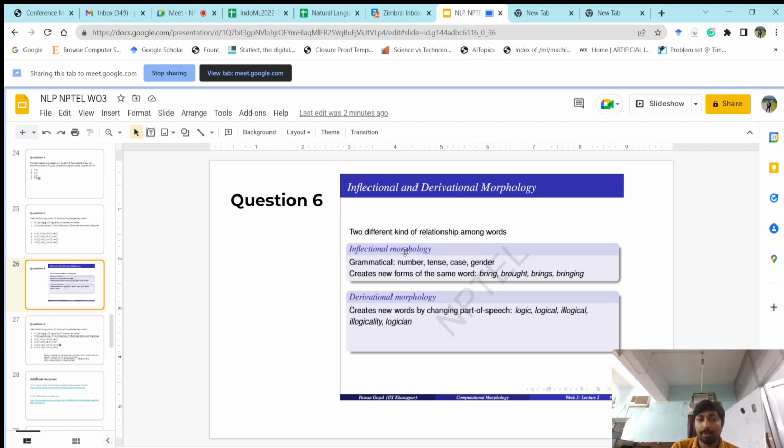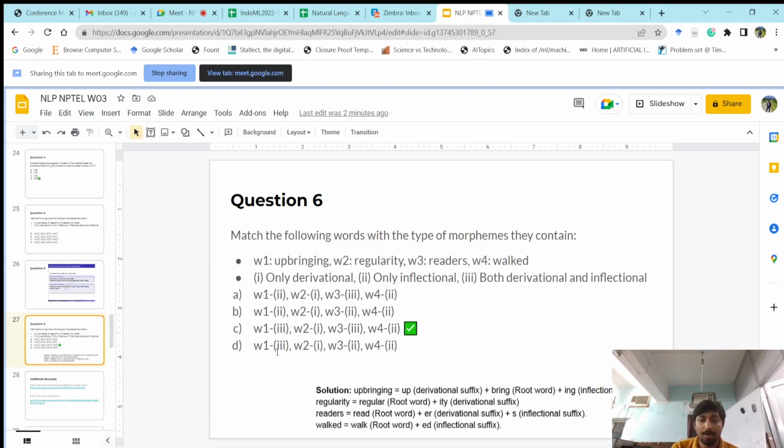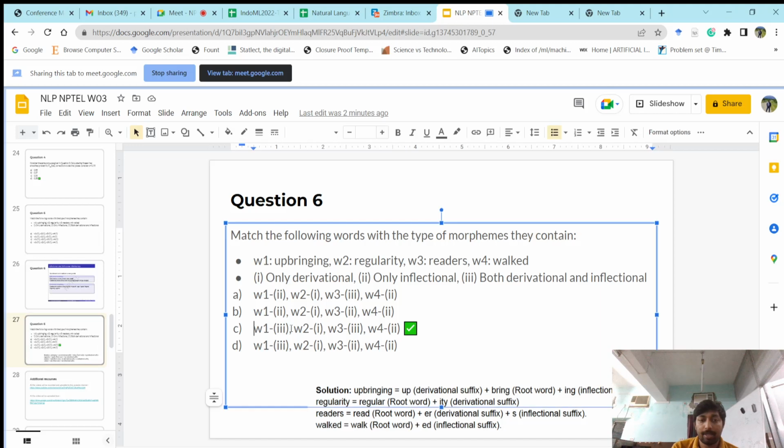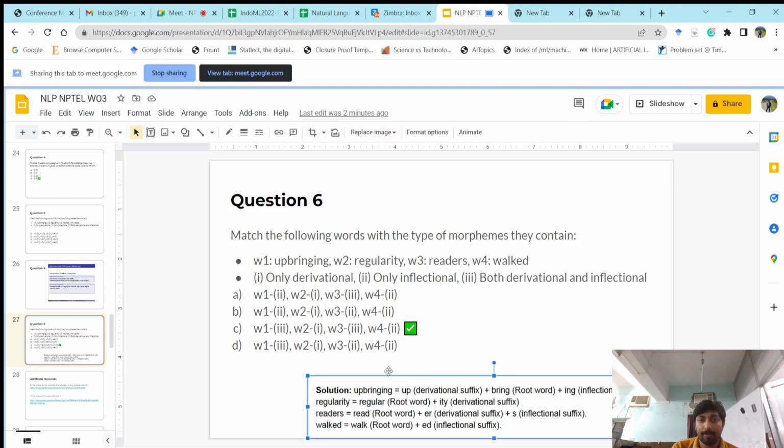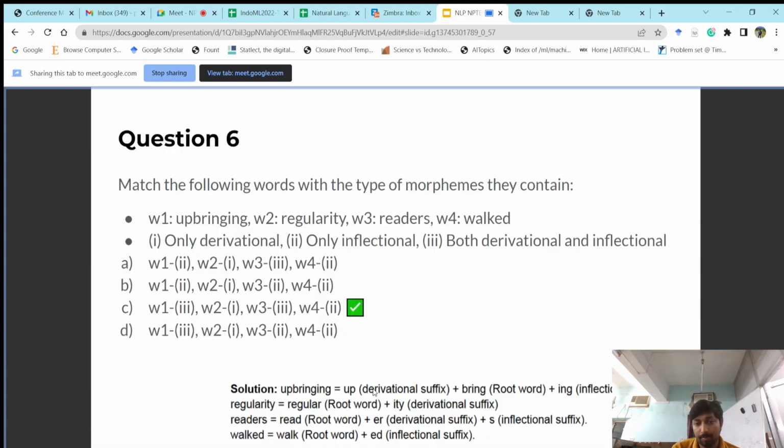And inflectional morphemes change the grammatical form. Here the correct answer is C. The solution: uplifting is up plus lift plus ing, so this is inflectional. Regularity is regular plus ity, the derivation, and similarly the others.